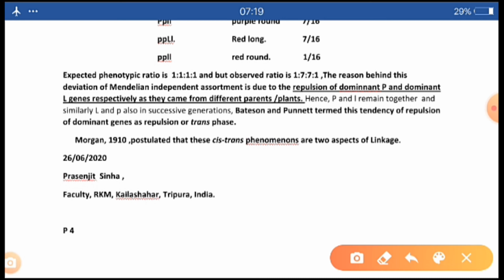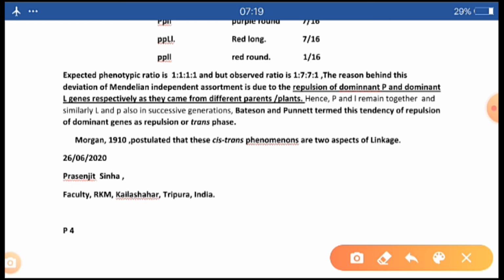Okay. Later on, Morgan in the year 1910 postulated that these cis-trans phenomena are the two aspects of linkage. So when you study linkage, you will get cis phase and trans phase respectively.